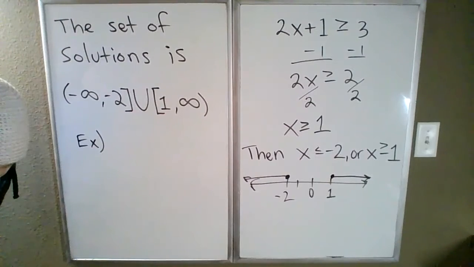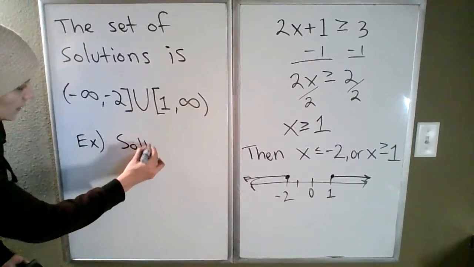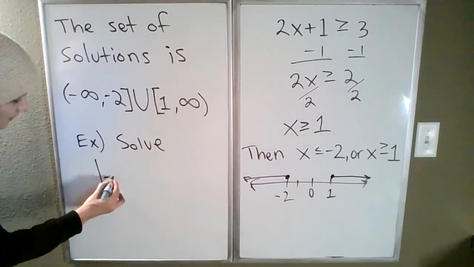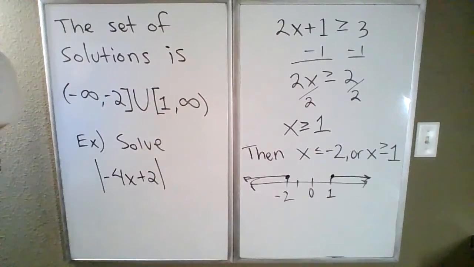Okay, we're going to solve the absolute value of -4x plus 2 less than 6.